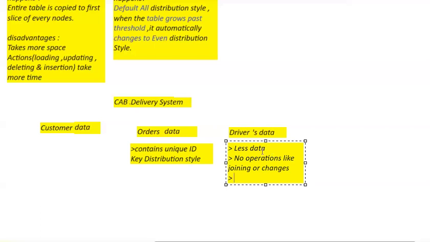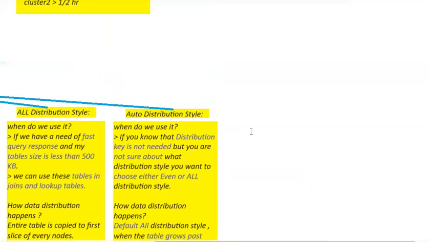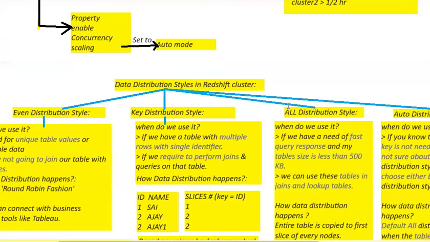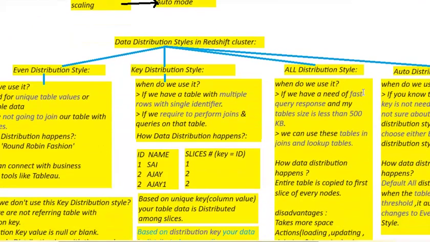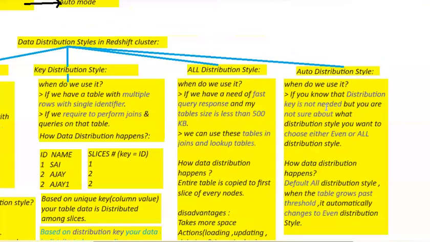So for maintaining this very small data, what type of distribution style do we prefer? All distribution style. If you have a particular key, then we choose key distribution. If you have no such key and very large data, then you choose even distribution style. If you have very little data, then we choose all distribution style because it provides fast query response.